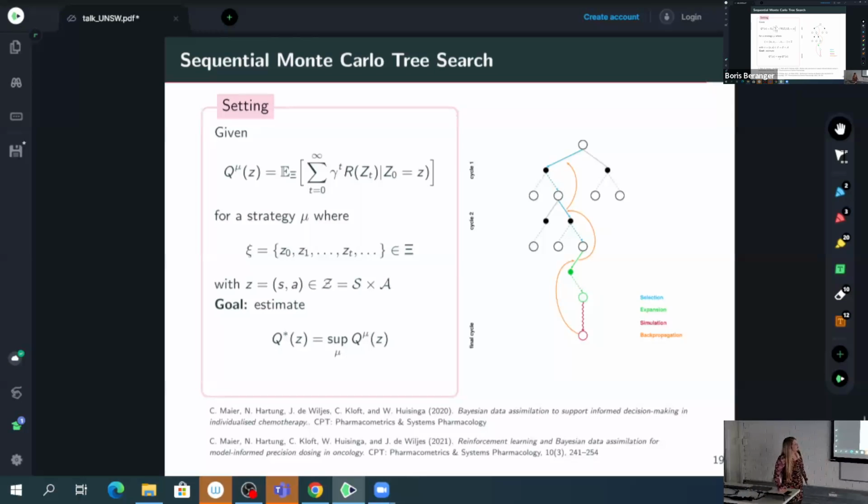But again, this is where data assimilation is crucial, and combining it here with the ideas of reinforcement learning is really very neat. This kind of decision making under uncertainty is of course not only relevant for the medical realm, it's relevant in many application areas.